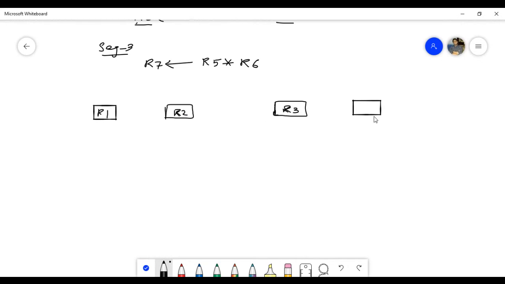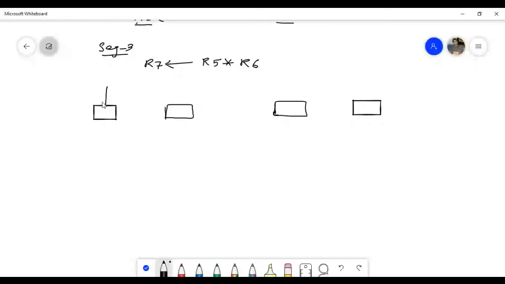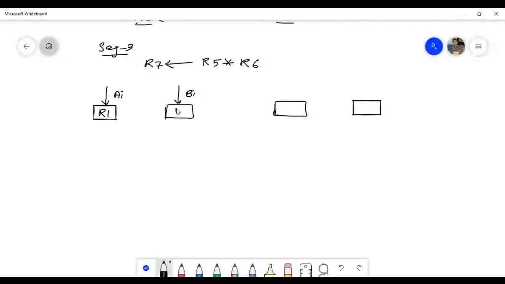Initialize BI in R2, CI in R3, and DI in R4.